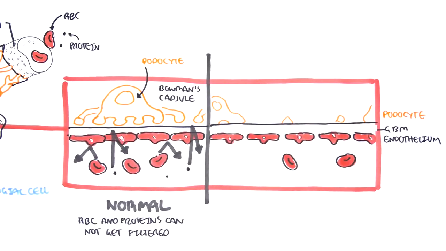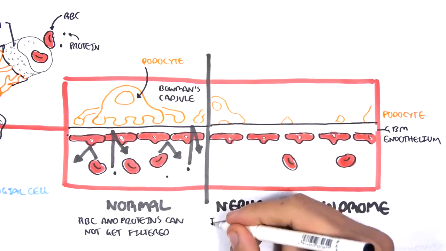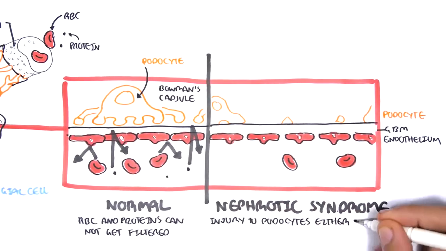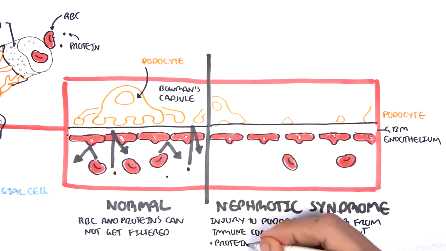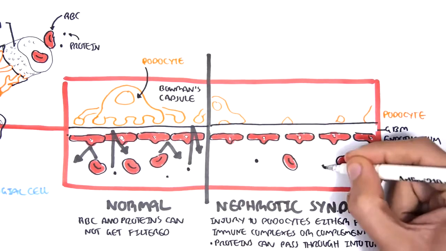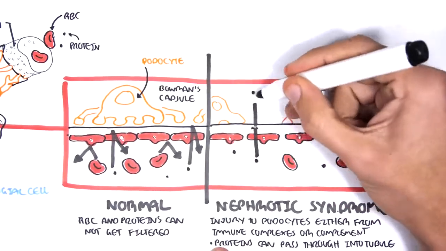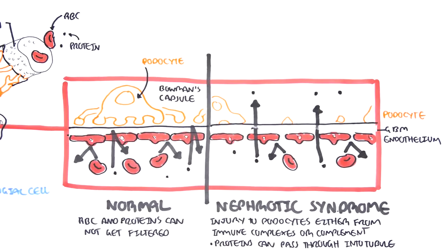In nephrotic syndrome, there is essentially injury to the podocytes due to many reasons, mainly either from immune complex deposition or complement protein activation, which leads to subsequent damage. The proteins that are not usually able to pass through these layers can now pass through towards the Bowman's capsule and into the tubule, leading to proteinuria.